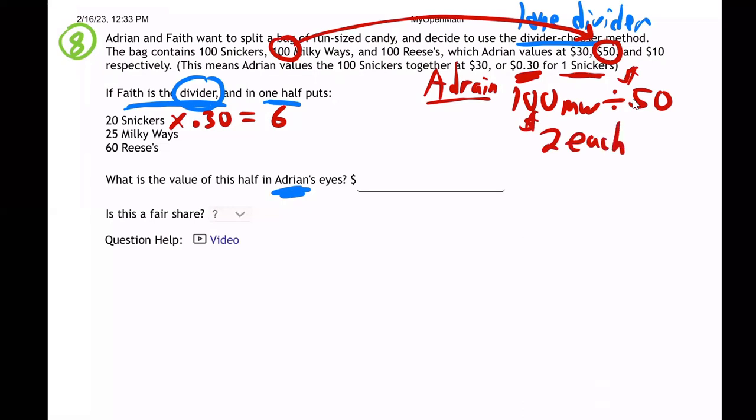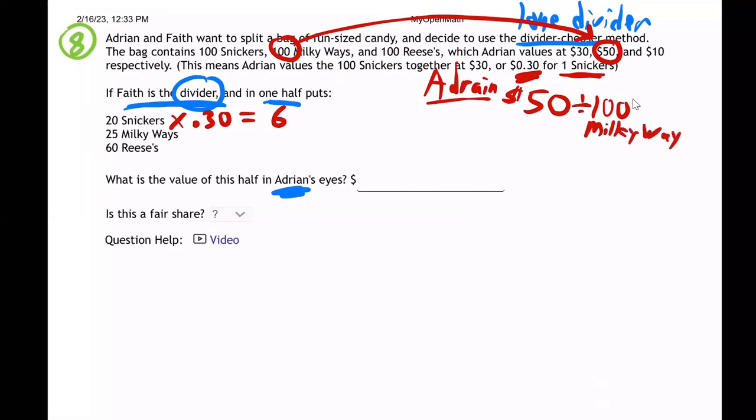Wait, I did that backwards. Let me try that again. I'm going to take the total money. Adrian thinks that the Milky Ways are worth $50 divided by 100 Milky Ways, and we get 50 cents per Milky Way.